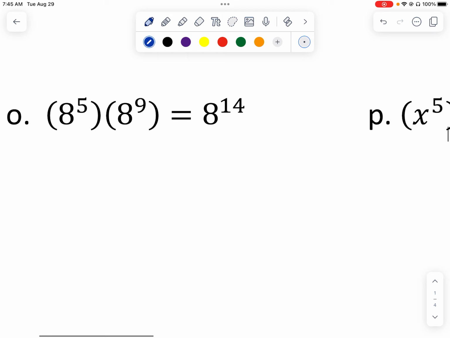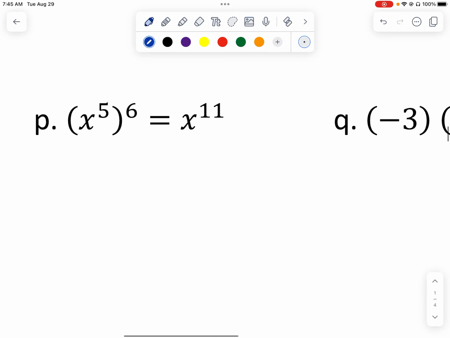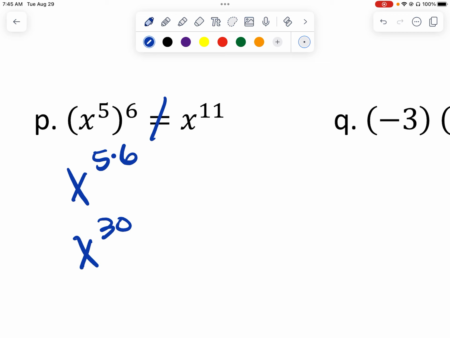Here we go, same base, this is multiplication, so I add my exponents, I get 8 to the 14th, so this was a true statement. This one, power raised to a power, I multiply, I would get to the 30th power, so this was a false statement.